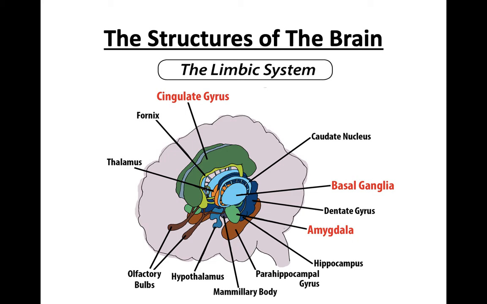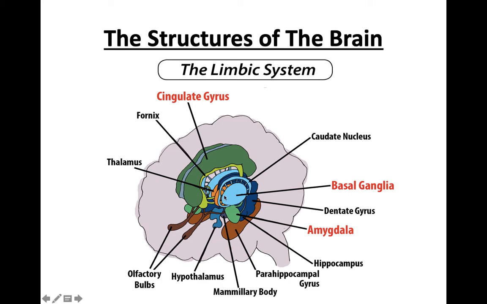In terms of some of our most basic functions, you can think of the amygdala as being involved in something like the fight or flight response. Okay, I'll talk about that a little bit more because it has to do with our peripheral nervous system, but the amygdala is involved with those very basic emotions of anger and fear.